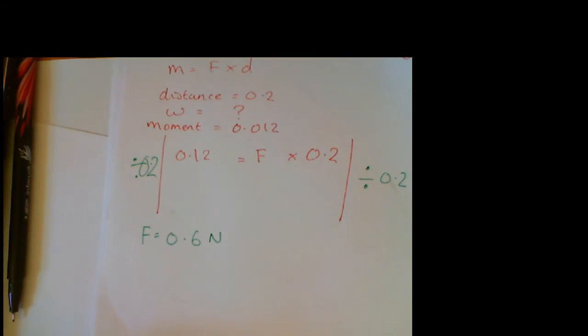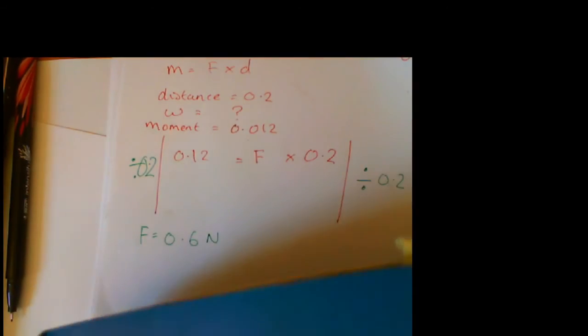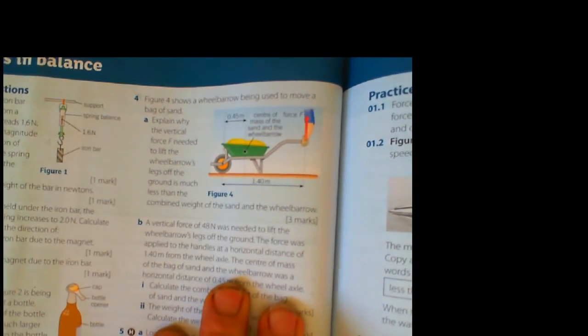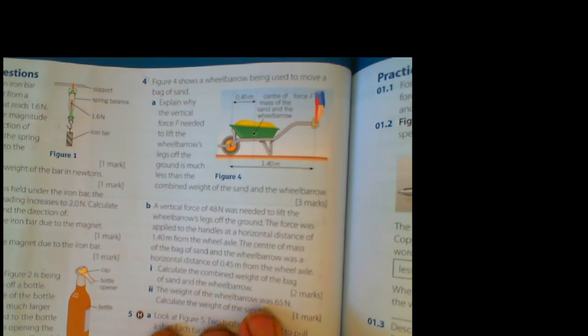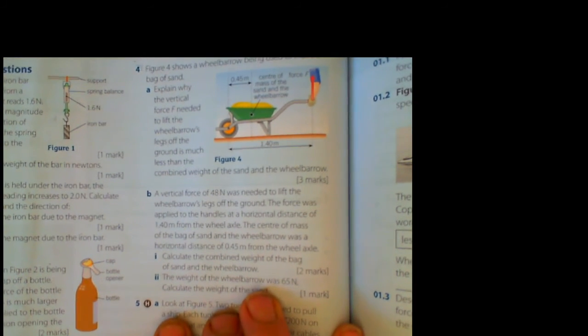Okay, the next one on this page is a wheelbarrow one. I'll post another video in a second explaining how to do the wheelbarrow one, but I think it might be worth you giving that a go on your own before I do that. So here is the wheelbarrow one.